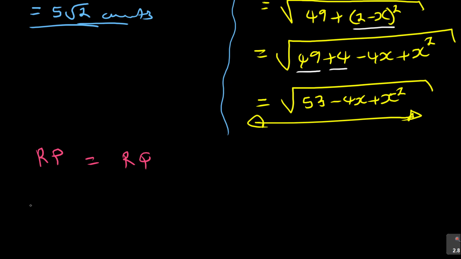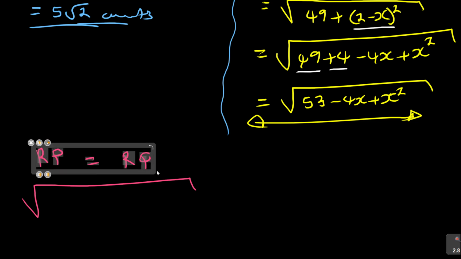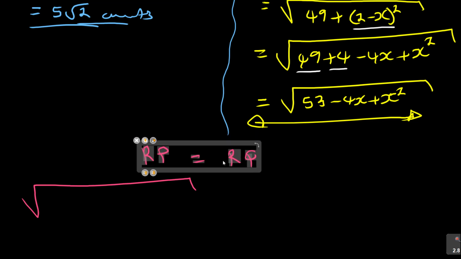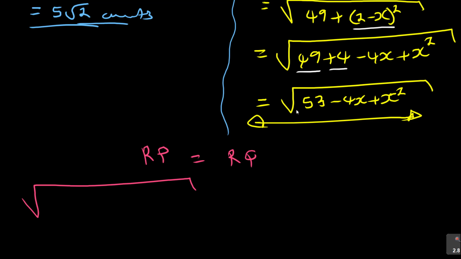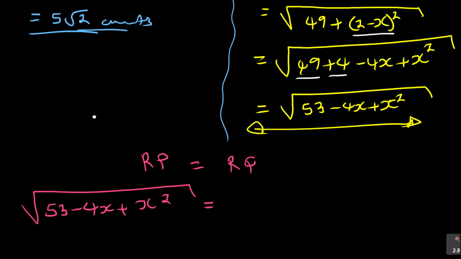So I'm going to write the square root of, let me drag this in the center like this. So the rp is 53 minus 4x plus x squared, equal to rq, which is this.